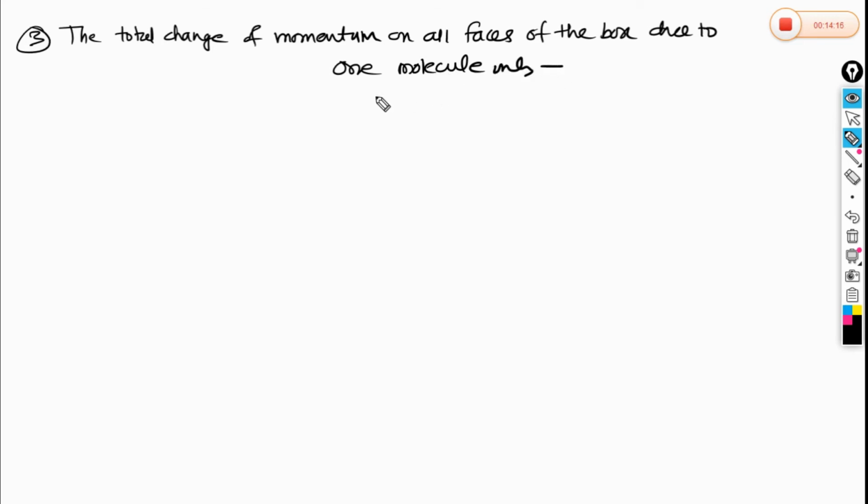Okay, we have seen for one molecule only. So we have to see now the total change of momentum on all faces of the box due to one molecule only.